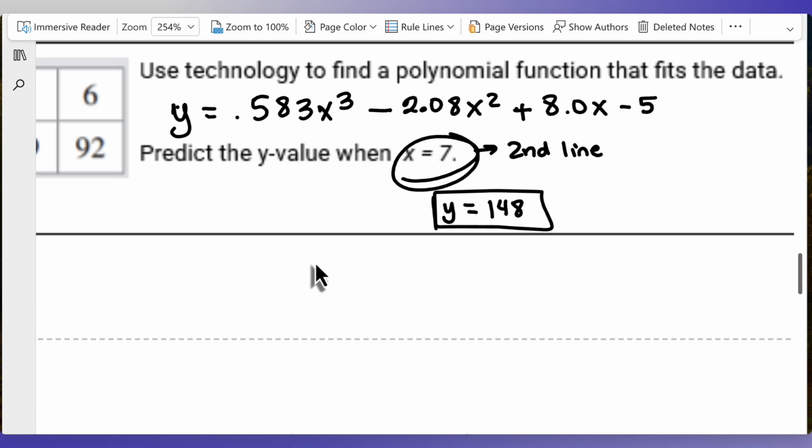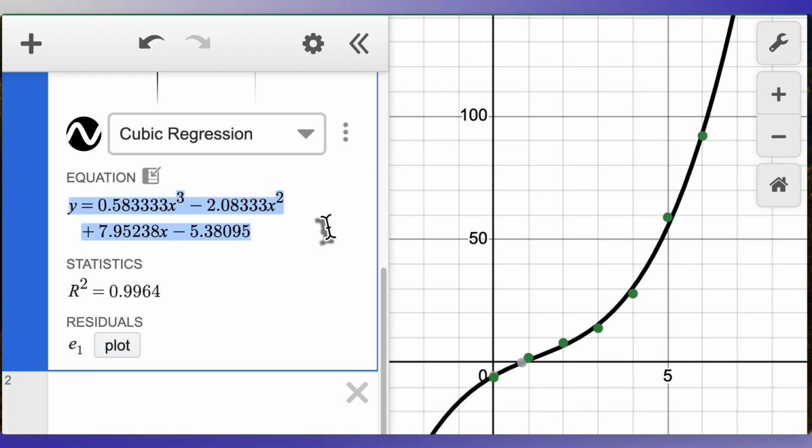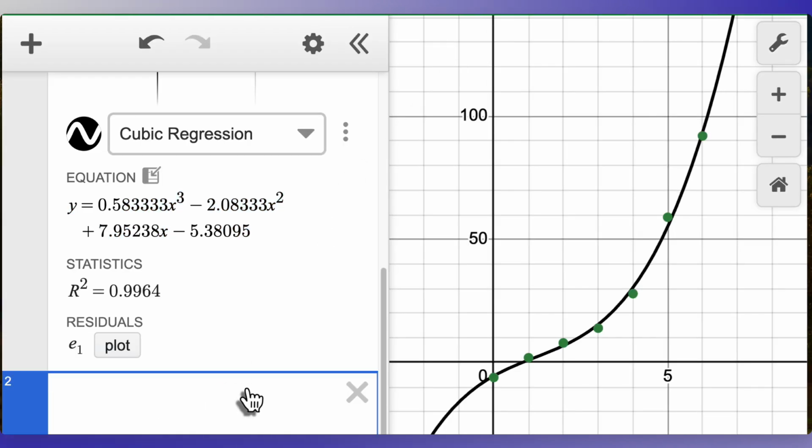But a lot of times they're going to want you to predict using that function. So underneath that, it says predict the value when x is equal to 7. Well, we're in easy mode right now. So what you're going to do is go to that second line and type in exactly what it says: x is equal to 7.